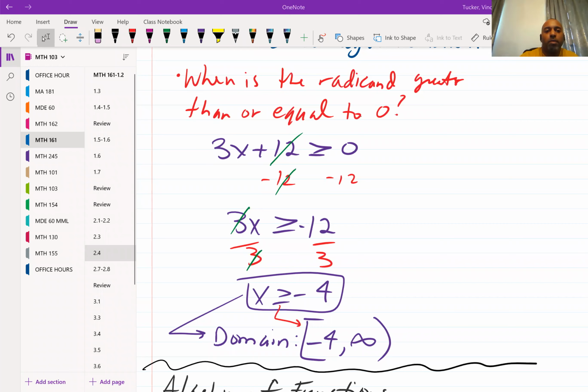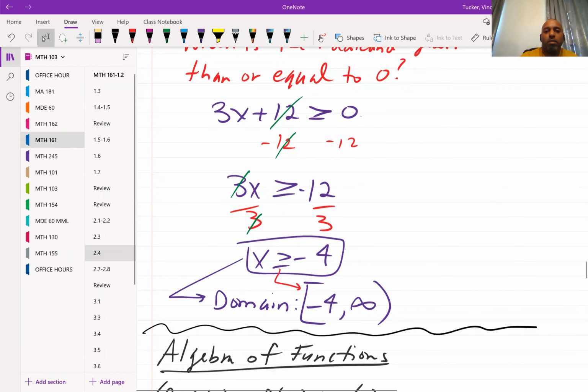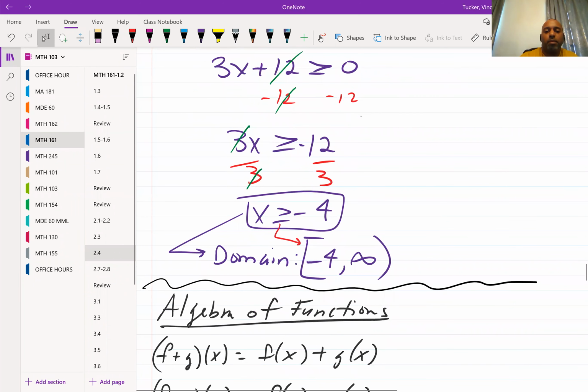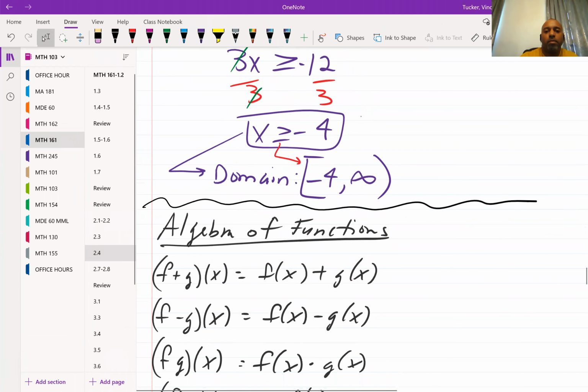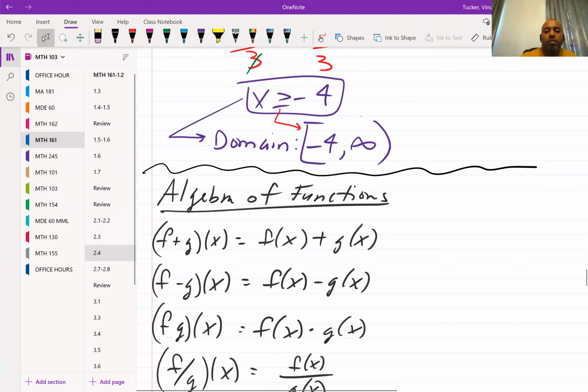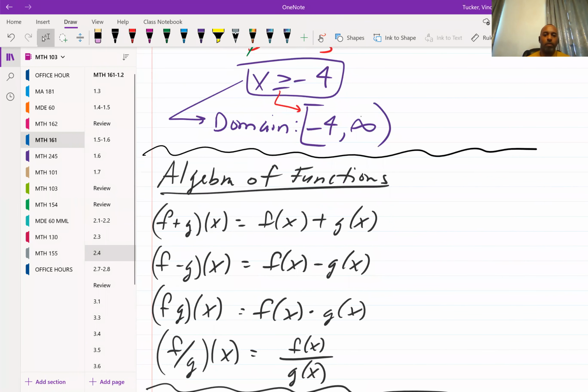All right, we're good. Can we scroll up? All right, next thing, the algebra of functions. Just a shorthand way.